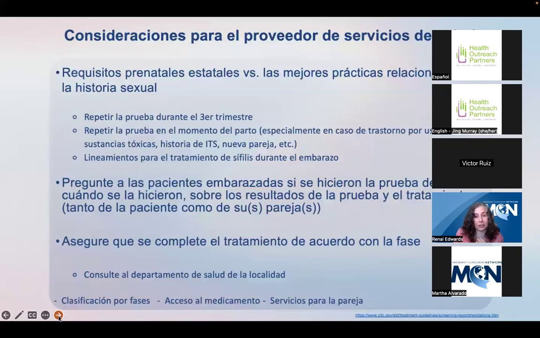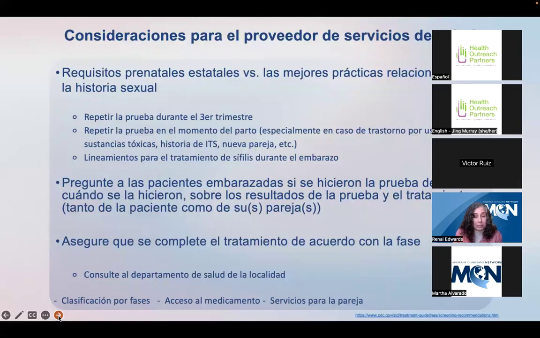All right, some basic considerations for all the clinicians in the room. Once you have a sexual history from your patient, you may need to offer testing in addition to those minimum requirements based on their specific circumstances. And it might be more than what your state requires.